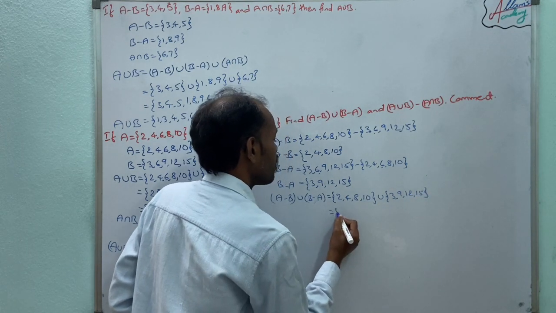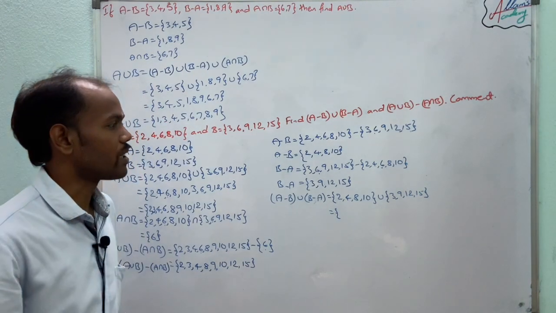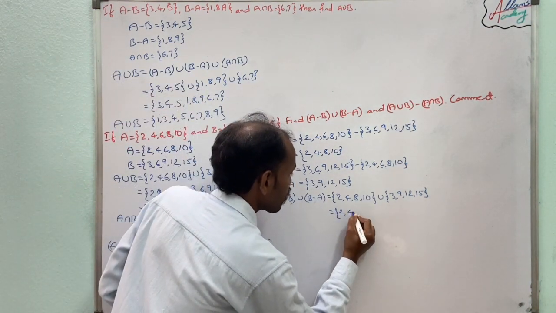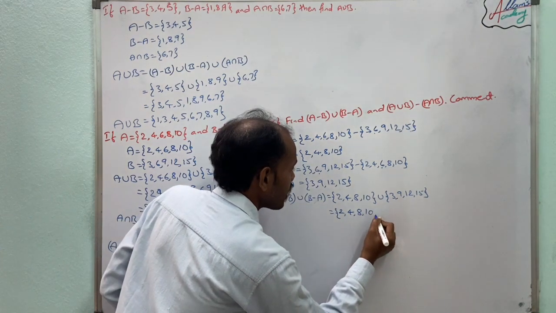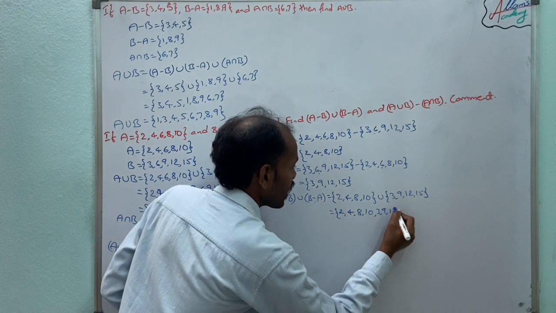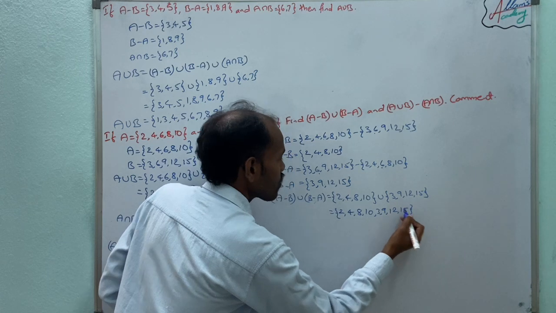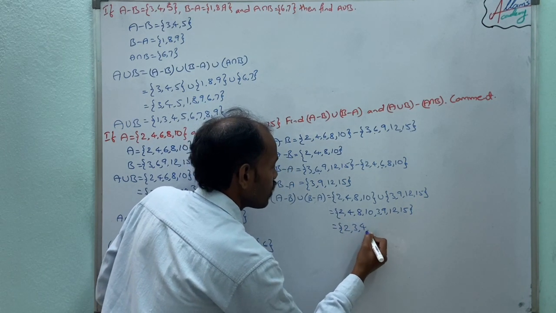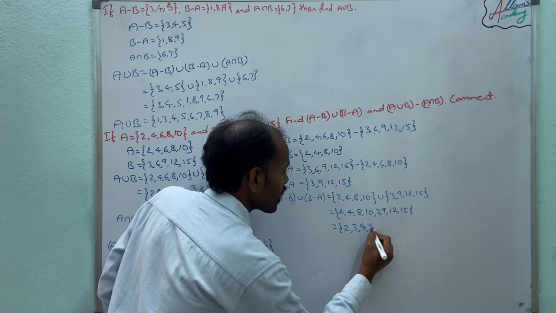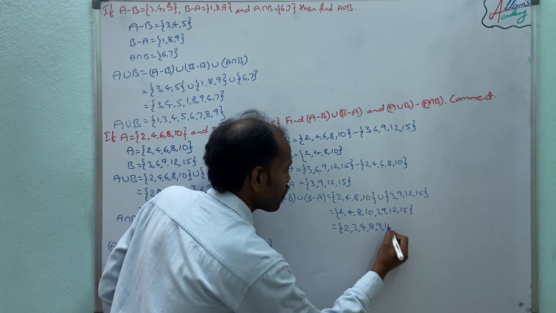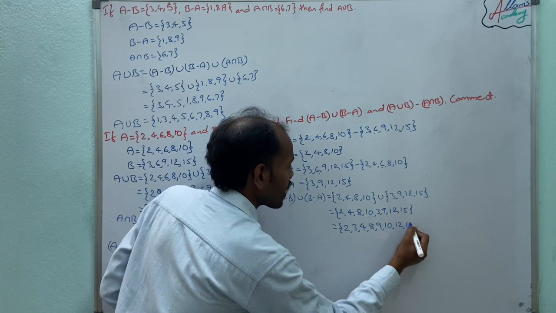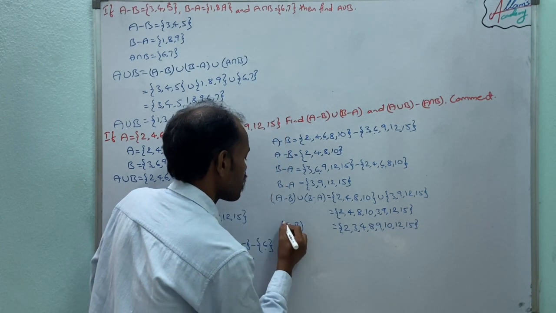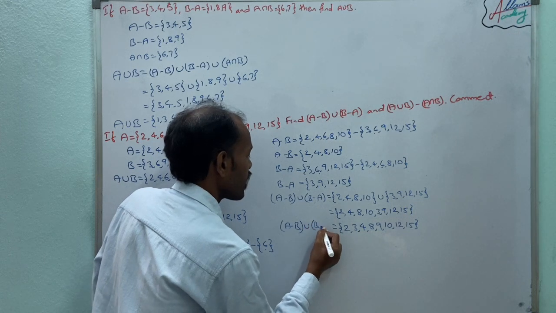Union means we write the total elements of both sets, that is 2, 4, 8, 10, 3, 9, 12, 15. Here no element is repeated, so we write all the elements in order: 2, 3, 4, 8, 9, 10, 12, 15. It is the answer for A minus B union B minus A.